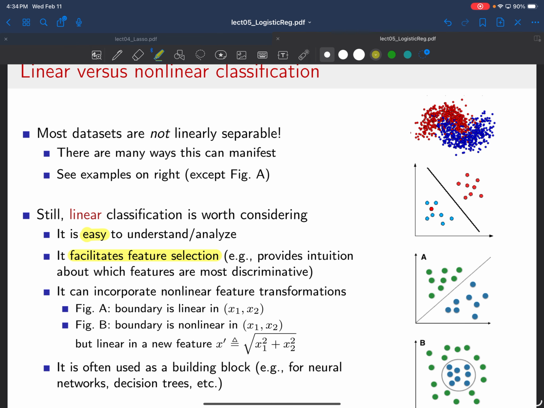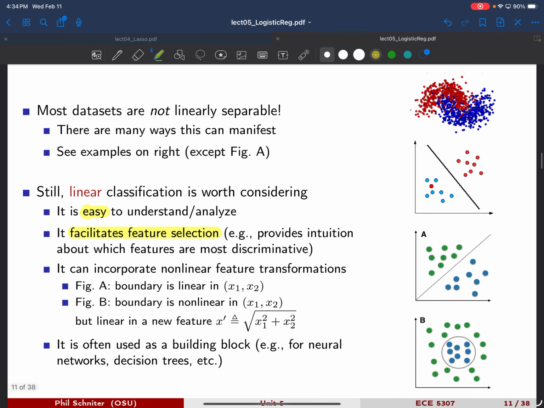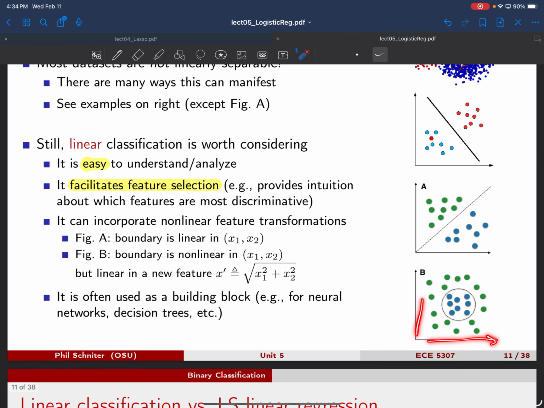But also, like we saw before, if we allow ourselves to use a nonlinear feature transformation before applying our linear classifier, we can do all kinds of crazy things. Just as an example, if I look at the raw features, x1 and x2, there's no way I can make a good classifier based on the raw features.